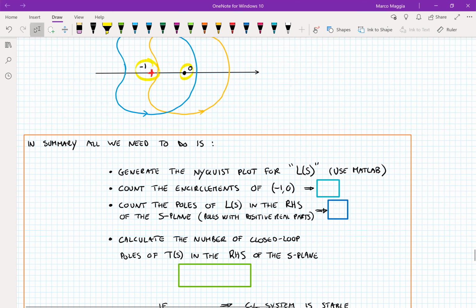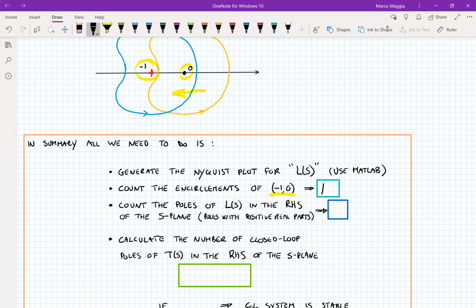So, in summary, what do we need to do? We have our loop transfer function L of S. We find a way to generate its Nyquist plot. Normally, you will learn how to draw it. I'll spare you that. So we'll use MATLAB to generate the Nyquist plot. Good. Now, count the number of encirclements of, now not the origin anymore, because we had to translate everything to the left, so count the number of encirclements of -1, 0.